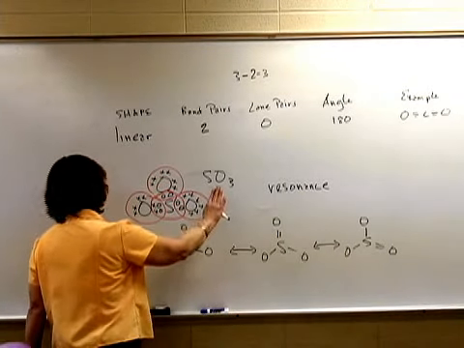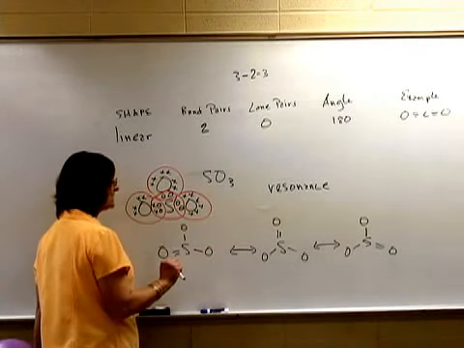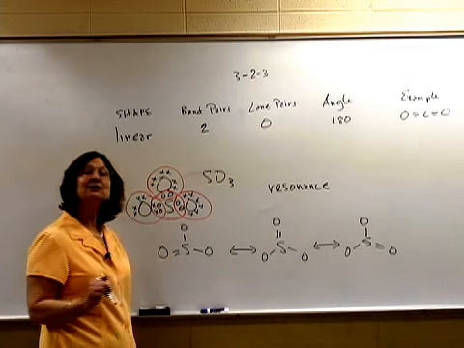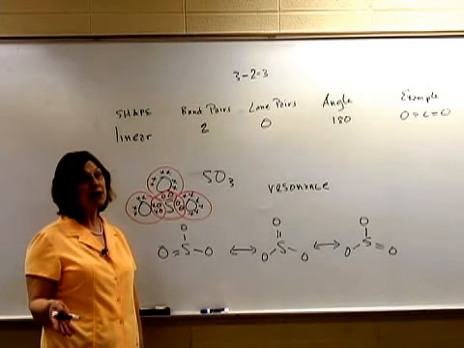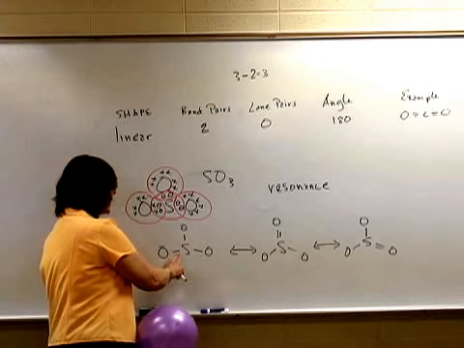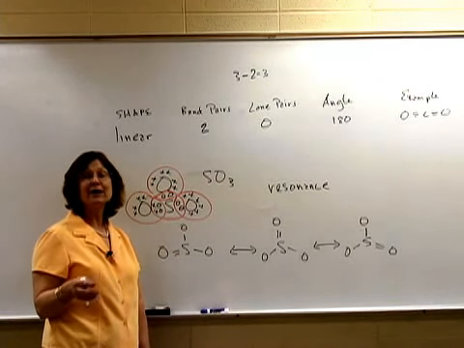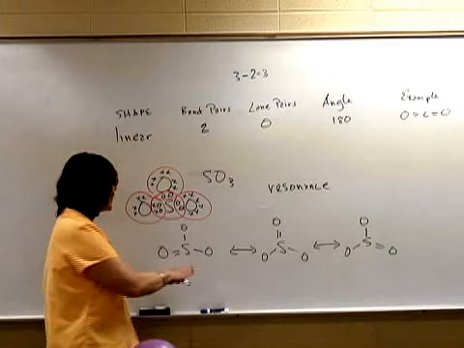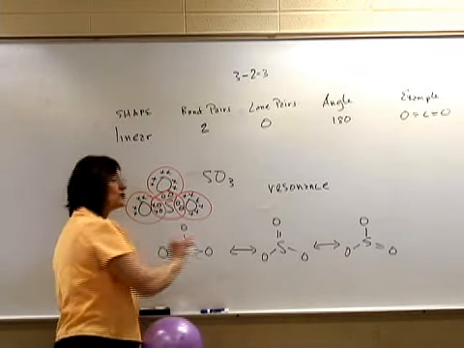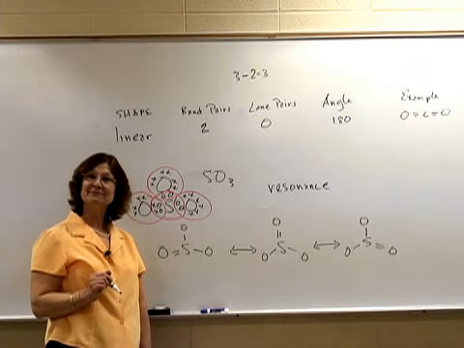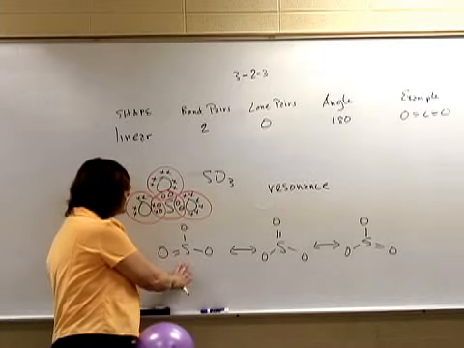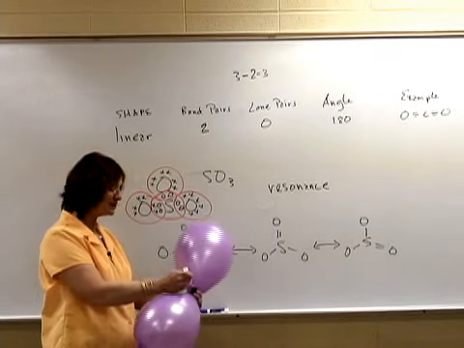This molecule could be drawn any of these 3 ways, and therefore they are resonance structures. And the actual molecule is not a double bond and 2 single bonds. It is actually a 1 1/3 bond, because it's an average of these 3 diagrams, and because this is a 2-dimensional representation of a 3-dimensional thing.